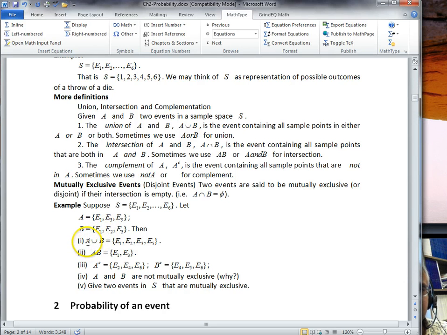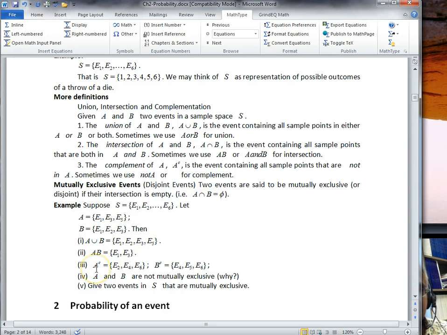So what would be the union of these events? Anything in A or B or both, so 1, 2, 3, and 5 would be the union. All the elements in here. The intersection is anything that's in both A and B. So 1 is in both, 2 is not in both, 3 is in both, 5 is not in both. So the intersection is only 1 and 3.